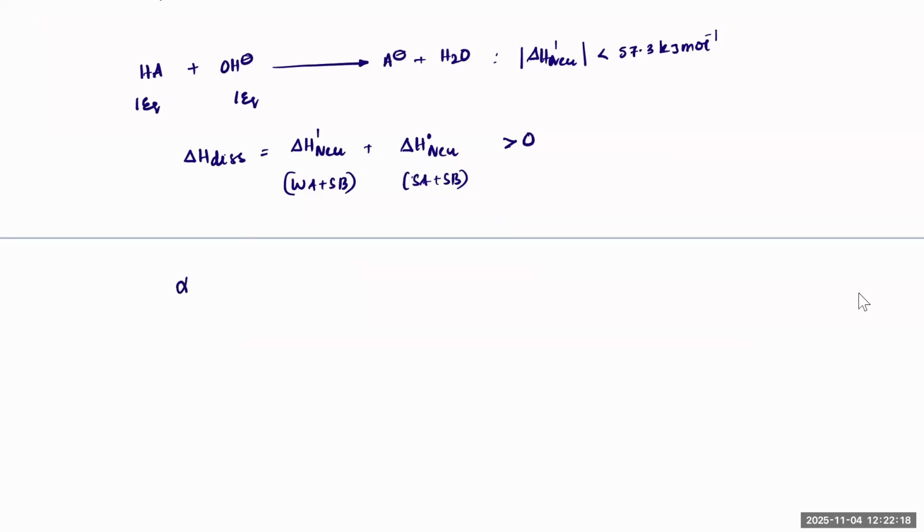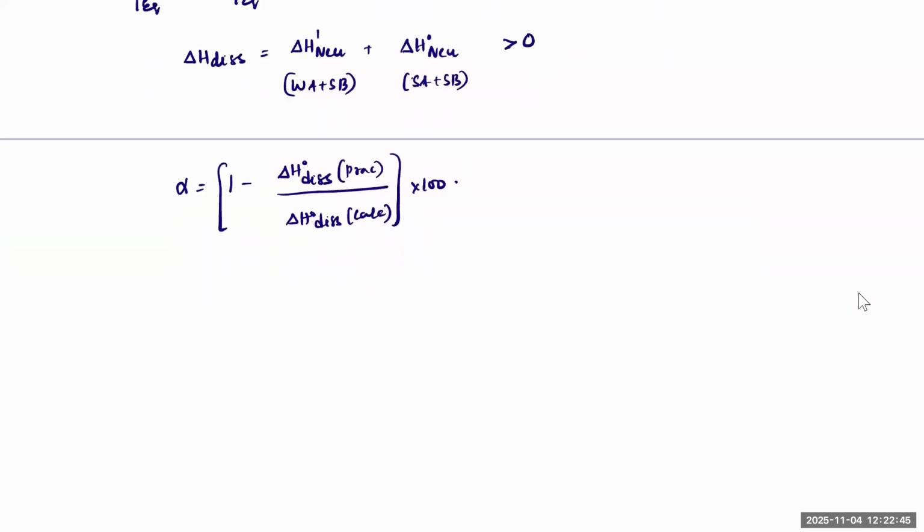Second thing, how do we calculate the alpha? Alpha can be calculated as 1 minus delta H of dissociation, which is practically observed, divided by delta H of dissociation, which is theoretically calculated, and this entire thing into 100. That will be your alpha value, which is the degree of dissociation.